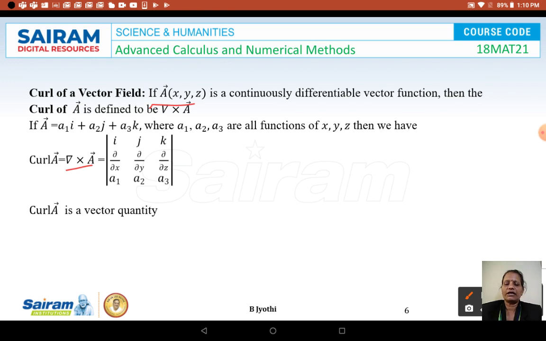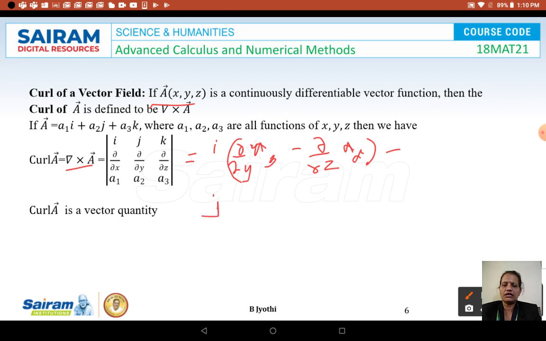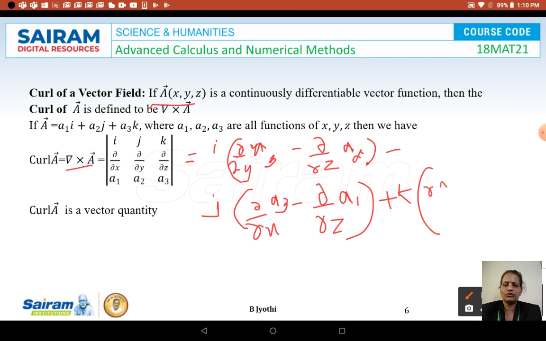And this is a vector quantity. How it has to be determined is, it is a normal determinant: i times dou by dou y of a3 minus dou by dou z of a2, minus j times dou by dou x of a3 minus dou by dou z of a1, plus k times dou a2 by dou x minus dou a1 by dou y.